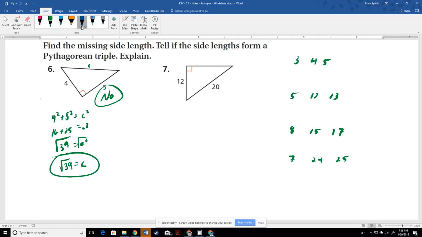Of course, that's any variation on those too. So that would also be 6, 8, 10, or a 9, 12, 15, or a 12, 16, 20. In other words, this is going to be 3 times 4, so we multiply by 4. This is going to be 4 times 4. And so this is going to be 5, 3, 4, 5.